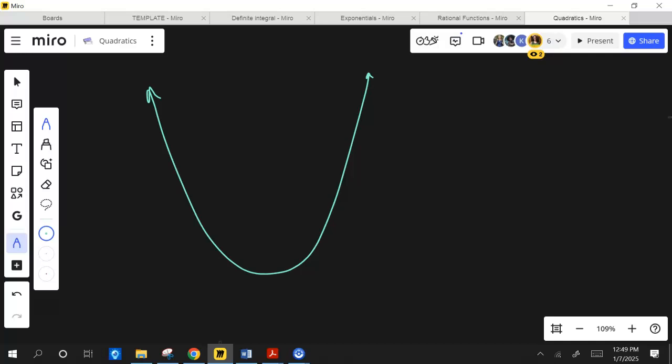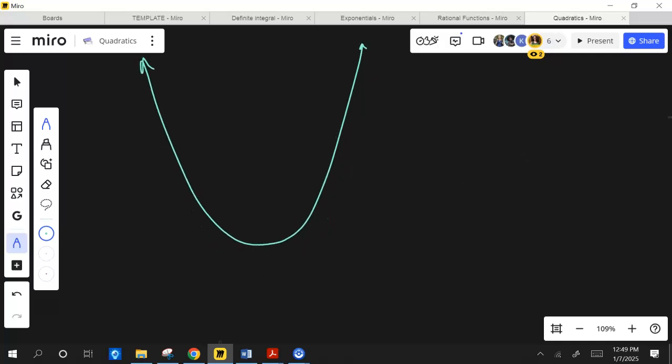The minimum. Good job. All right. So a minimum. What's another word for the minimum on a parabola? Axis. No. Okay, it goes through an axis. It's smaller. Axle.